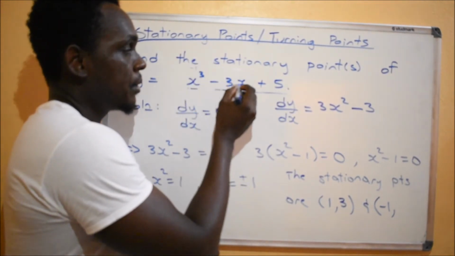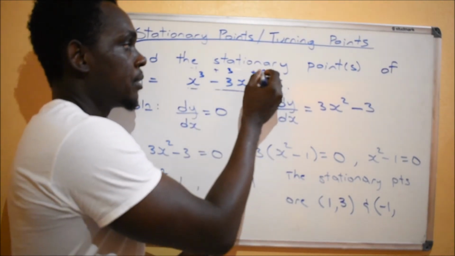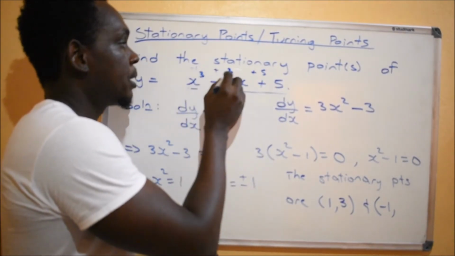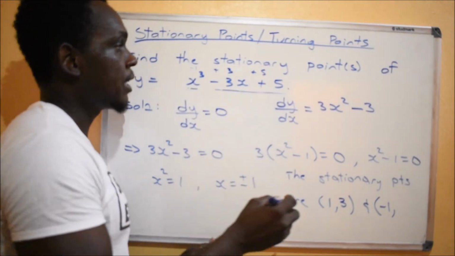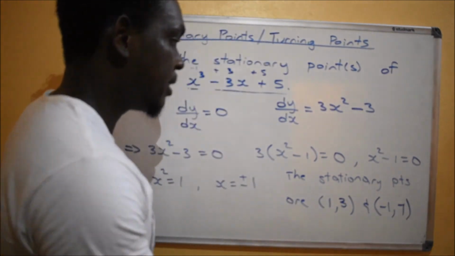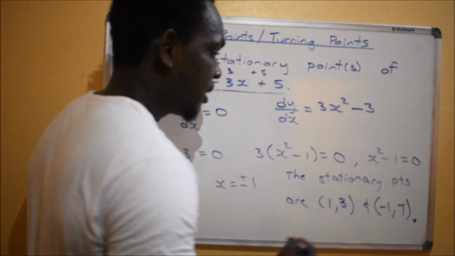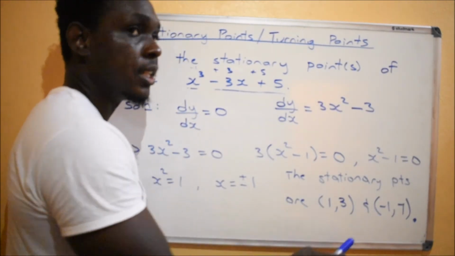Then negative 3 times negative 1 will give us positive 3, plus 5. So negative 1 plus 3 is 2, 2 plus 5 is 7. So it means that our stationary points are (1, 3) and (-1, 7).